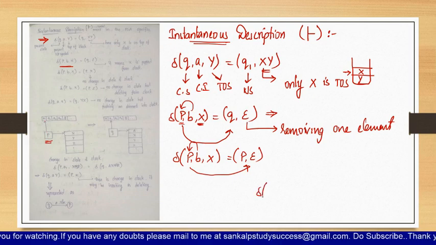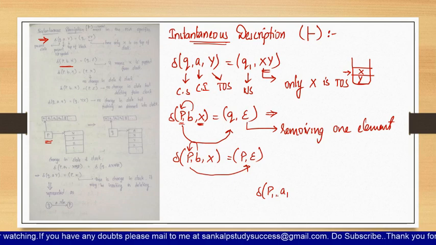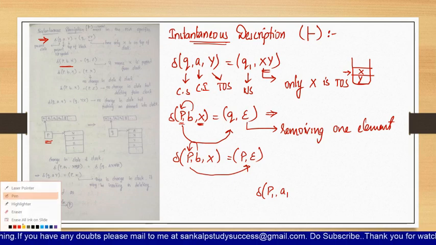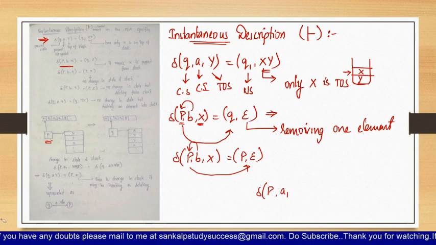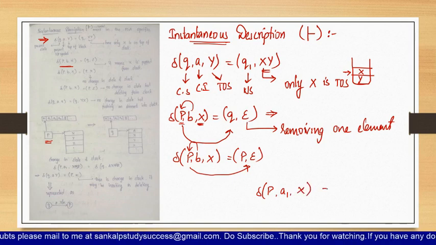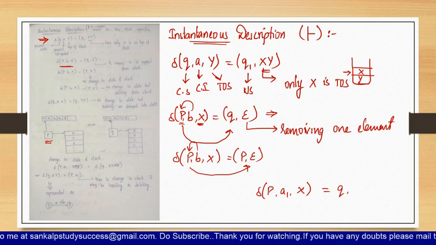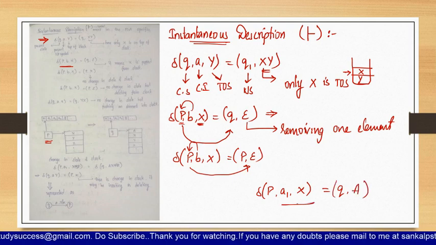That means you can write it as transition of P comma A1, and also the top of stack is X. Then you get a move from P state, it is going to Q state, and our input symbol also changes to A2, and the top of the stack is A, which is Q comma A. So this is our instantaneous description from this diagram. In this way we are going to take the instantaneous description.